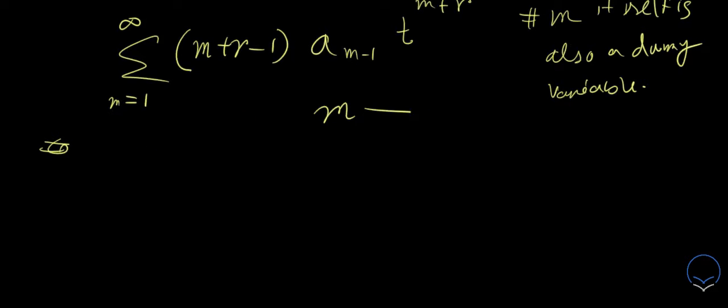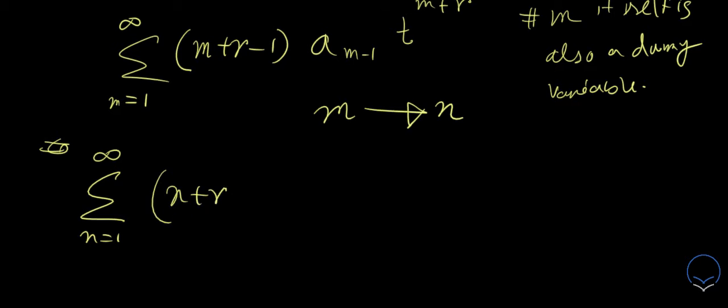So this is the replacement part. This second term will now look like this. However, now notice that this n is starting from 1, not equals to 0. So this is just n plus r minus 1, a to the power n minus 1, t to the power n plus r, right?